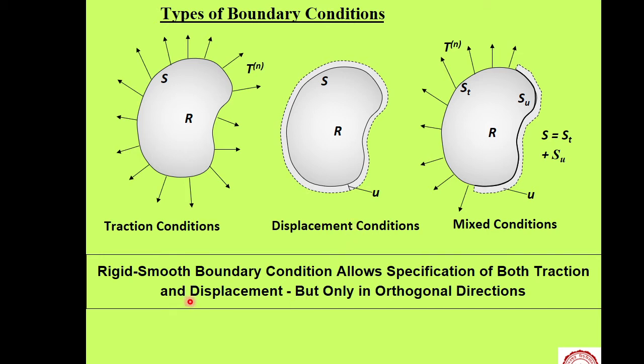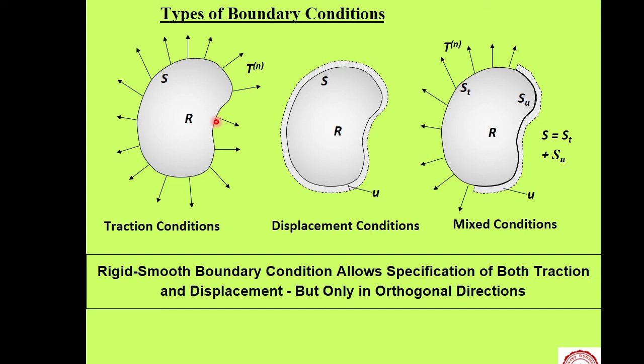Now what is this? Some rigid smooth boundary condition. So that way you see at any point on the boundary, usually for such a case, a 3D body surrounded by the surface, at any point we have usually two directions, which is normal to that point and a tangent to that point.